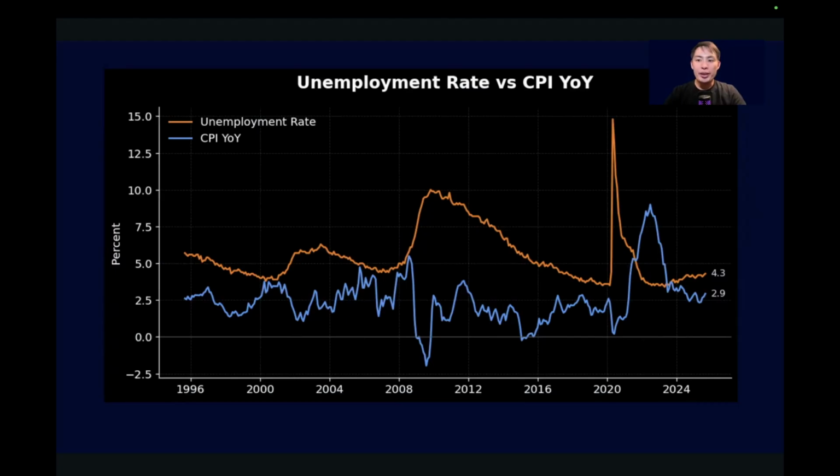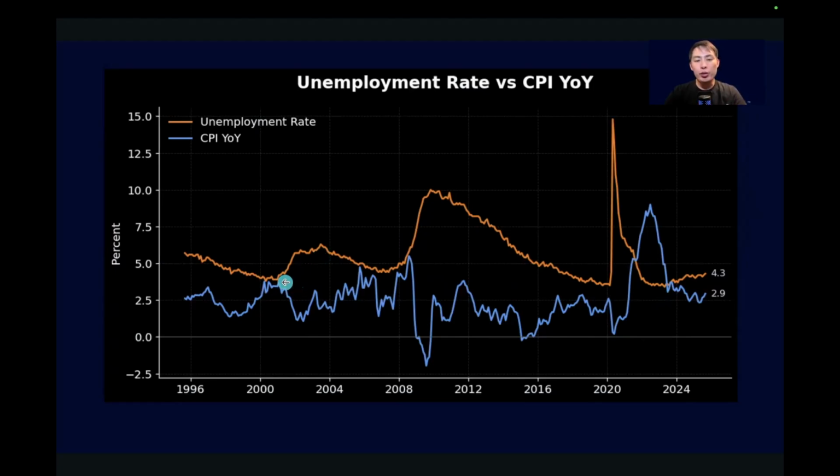Now the unemployment rate at 4.3% is still pretty low against historical levels, but it's the trend that the Fed is worried about. Unemployment rate plateaued for most of this year between the 4 to 4.2% range, but recently it had a sudden breakout into the 4.3% level. And if you look at historical levels, when unemployment rate starts to rise, it tends to move really sharply.